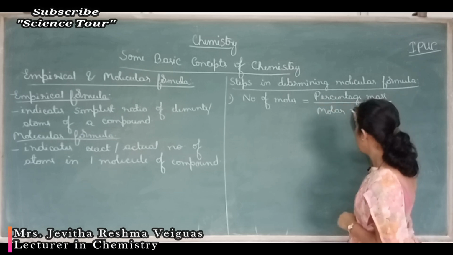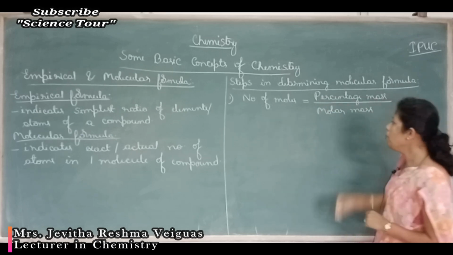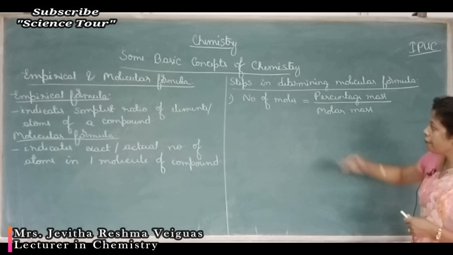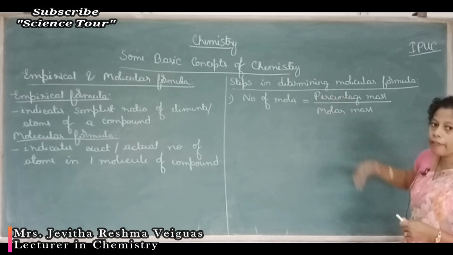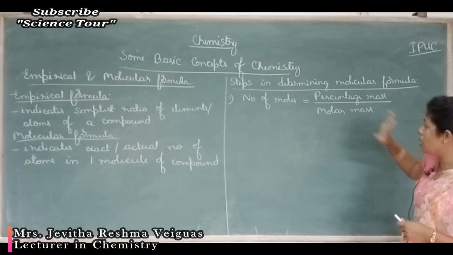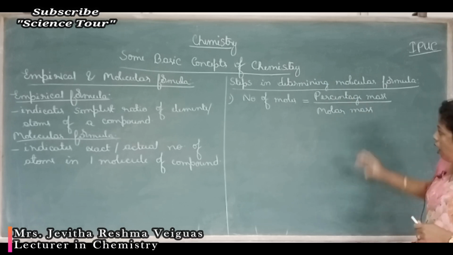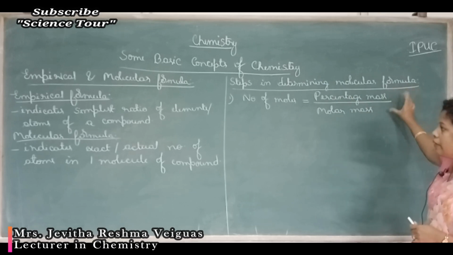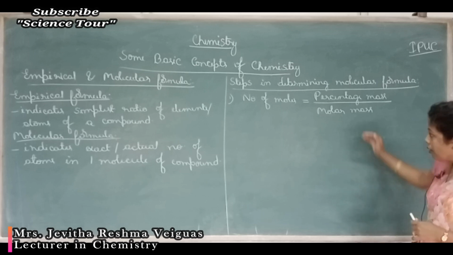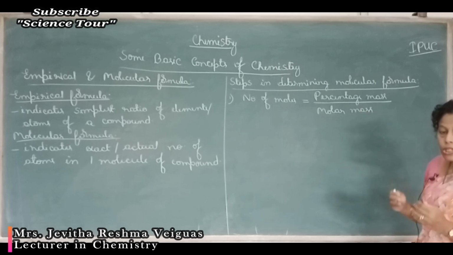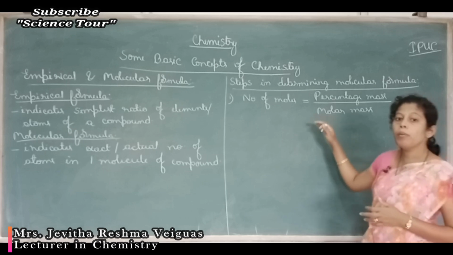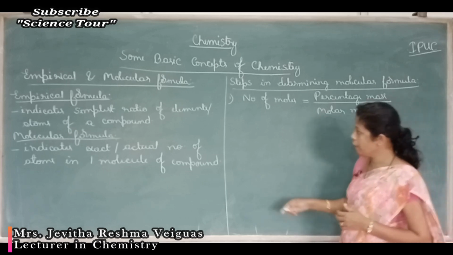For different elements we get different numbers of moles because their percentage mass and molar mass vary. And for every element we will get some value. That value has to be divided by the minimum value of the number of moles.